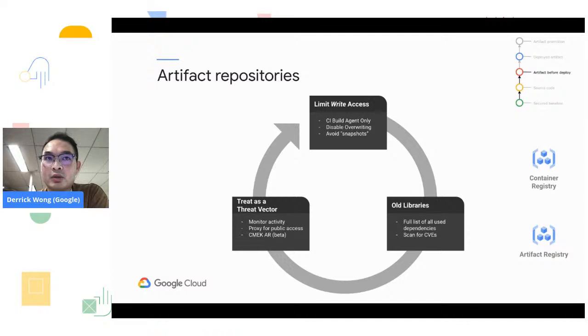Right. So avoid snapshots. That's meaningful, because a lot of the time snapshots are more convenient, right? We use snapshots, like we tag a certain version of the container or the artifact as 0.0.1-SNAPSHOT.